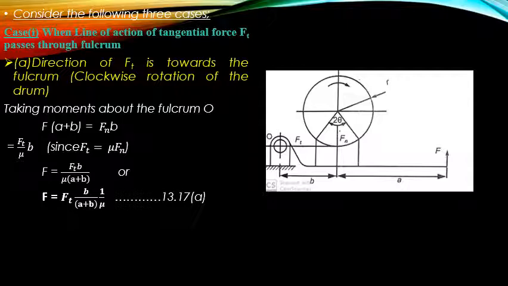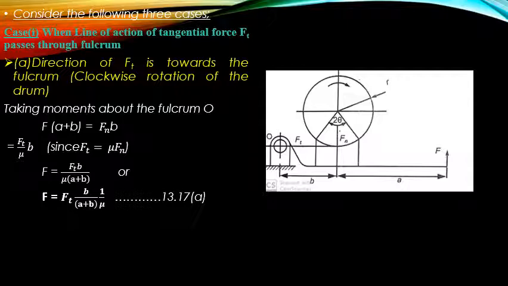When the drum is rotating clockwise, according to this diagram, Ft should be acting towards the fulcrum. If the drum is rotating in counterclockwise direction, then Ft will be acting away from the fulcrum.